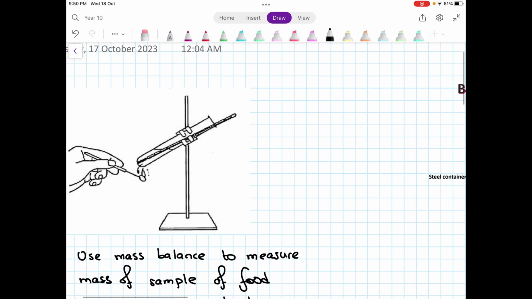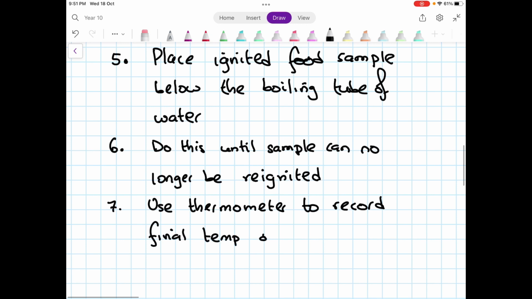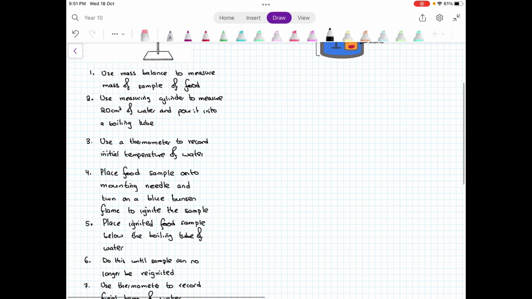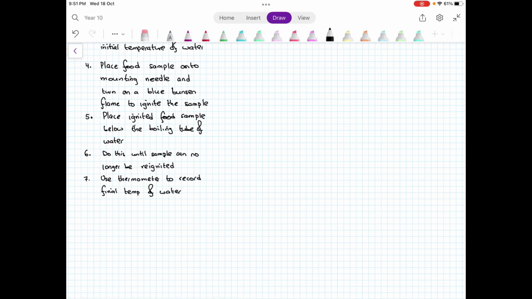At this stage, we can place the thermometer back into the water and record the final temperature. Now we can repeat steps 1 to 7 approximately 3 times in order to calculate a mean.